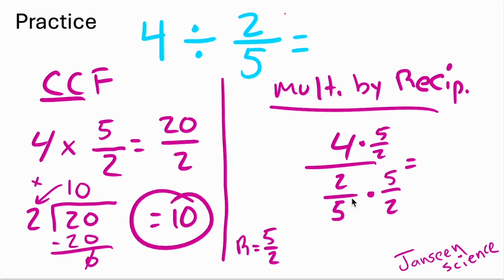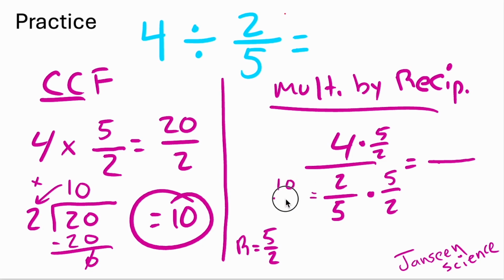And so we should know that when you multiply the divisor by its reciprocal, it's 1. So I'm just going to write 1. And if that did not make sense, all you have to do is multiply 2 over 5, or 2 times 5 is 10. Let me just write it over here.